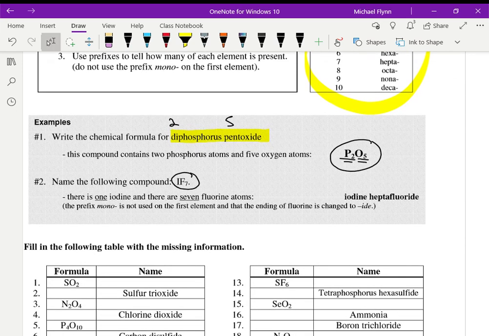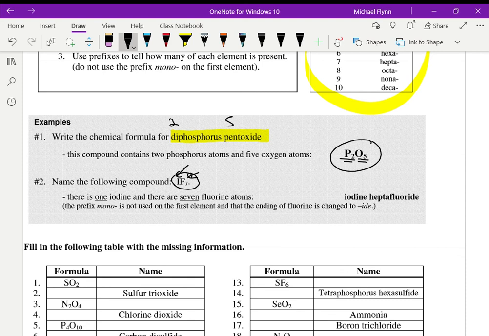Name the following compound. If you have one I and 7 Fs. Okay, 1 I and 7 Fs. You don't use mono. Okay, I'm going to just tell you. Mono means 1. But you don't use mono if the first element in the formula has only 1. The first element is an exception. You never call that mono. Okay? So if I have CO2, I don't say monocarbon dioxide.